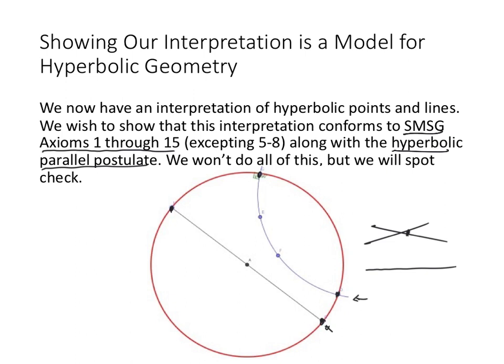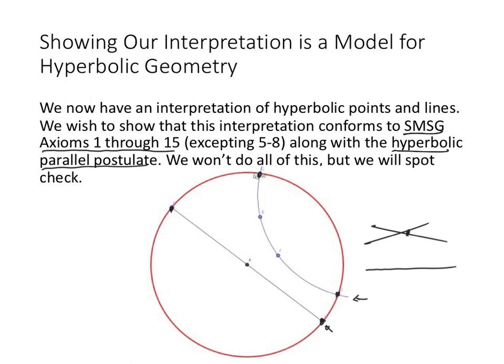And we have also shown that axiom 3 holds, which essentially says that the points on each line can be put in one-to-one correspondence with the real numbers in a way that respects the notion of distance that we developed for axiom 2. We also learned what angles look like in hyperbolic land and how to measure them. And in that discussion, we pretty much saw that axiom 11 holds. That is, to each angle we can associate a number between 0 and 180 degrees.